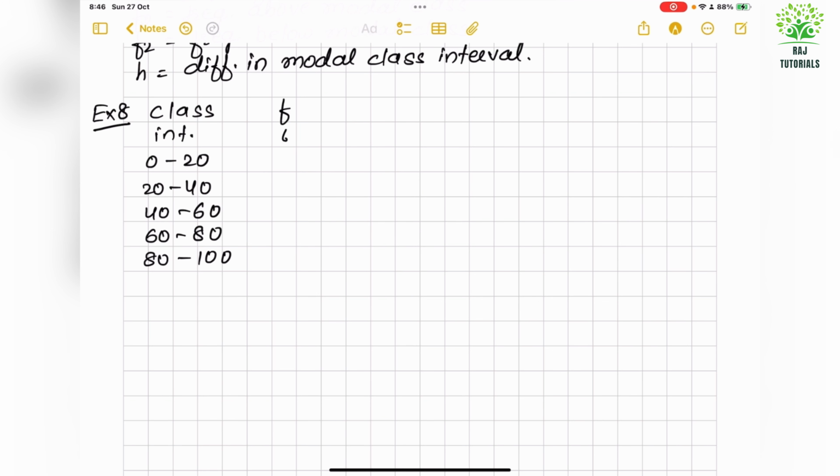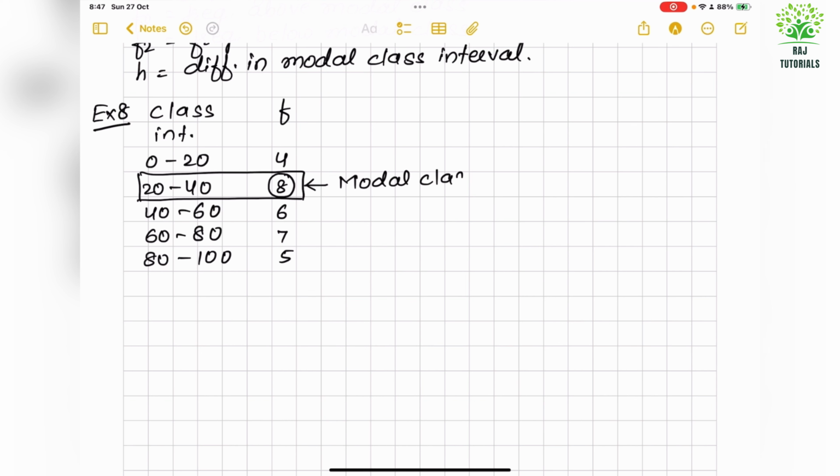And the values given to me are 4, 8, 6, 7 and 5. So see, how I will find the modal class? I will select the maximum value. So maximum value is 8. So this will be my modal class. So maximum value class will be modal class.